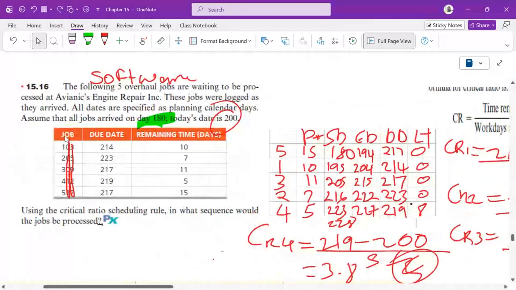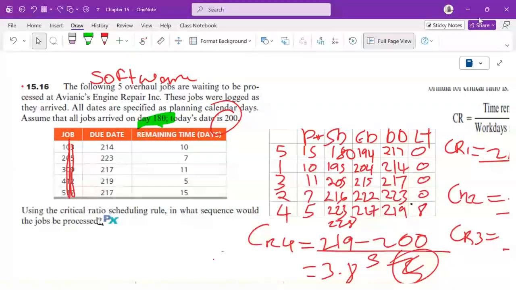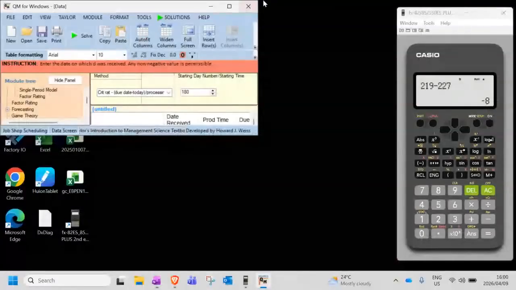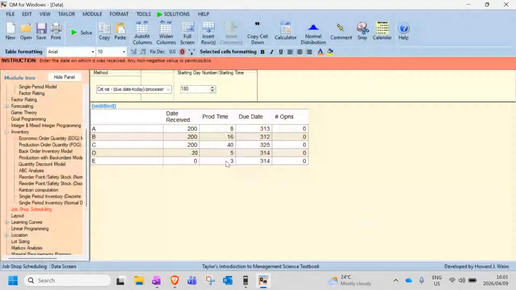Job arrived. 180. So we used 180 as job arrived. And then I want the starting day, starting time, and then date received, which is this one.